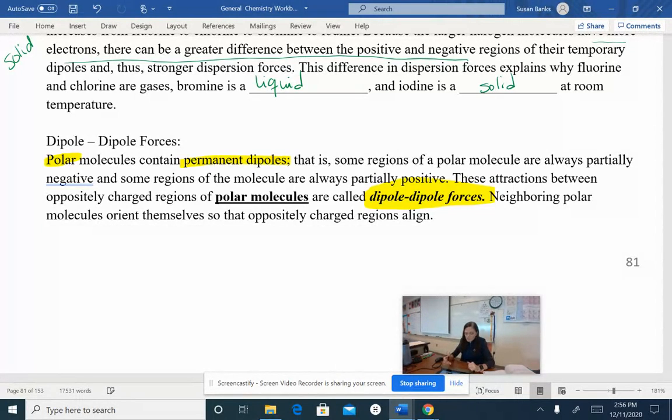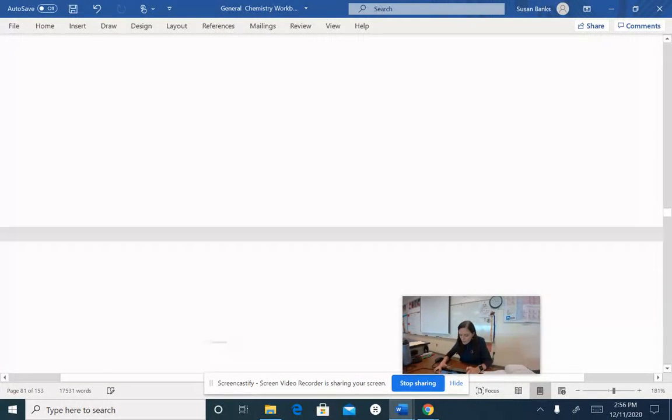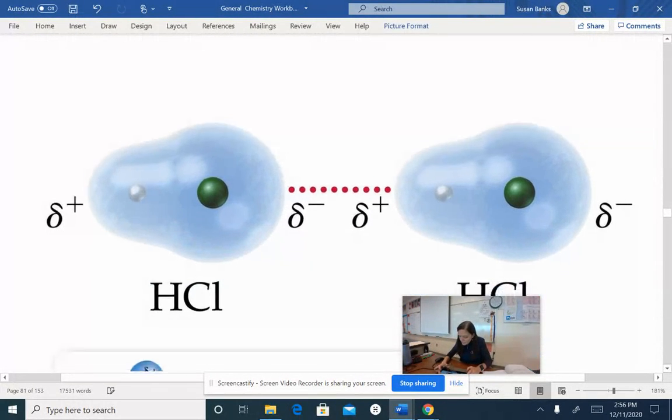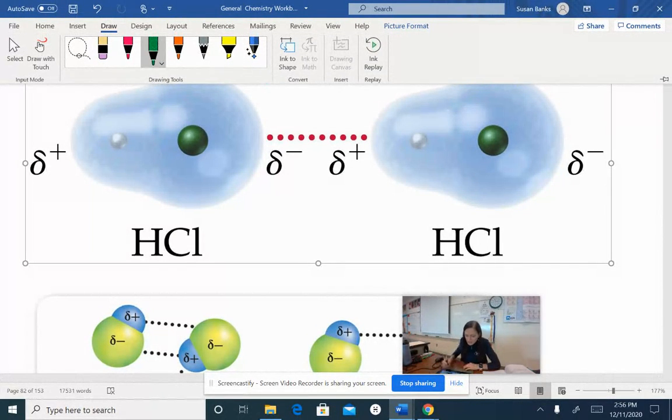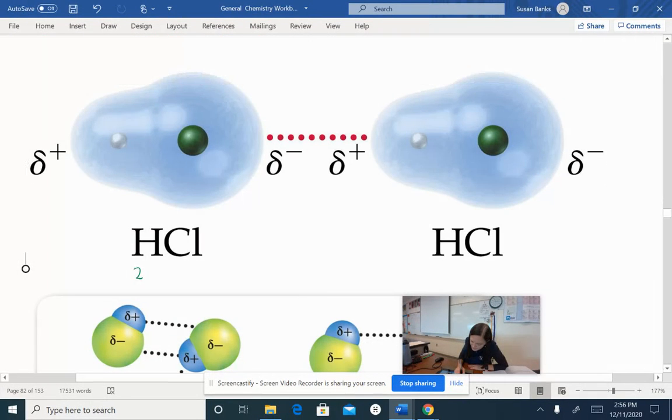Let me give you an example here. We're going to look at hydrogen fluoride or hydrogen chloride. The electronegativity of hydrogen is 2.1, and the electronegativity of chlorine is about 3.2.